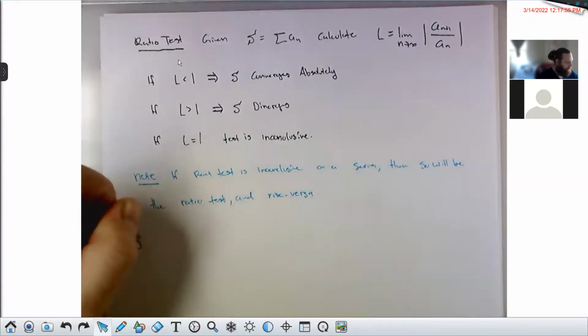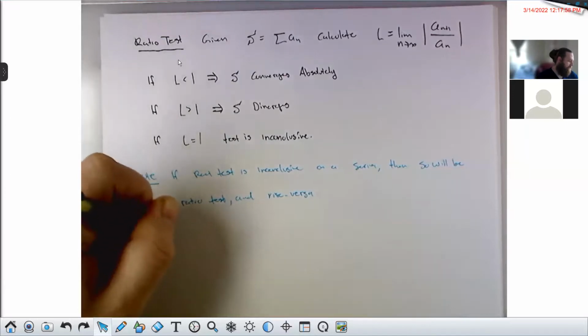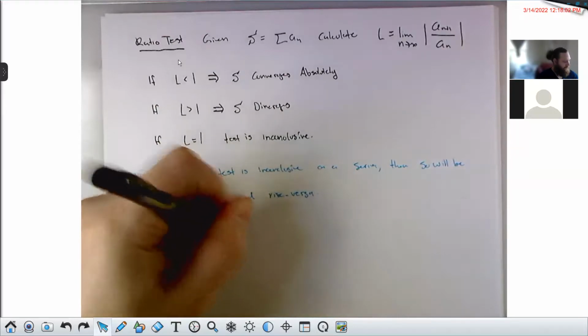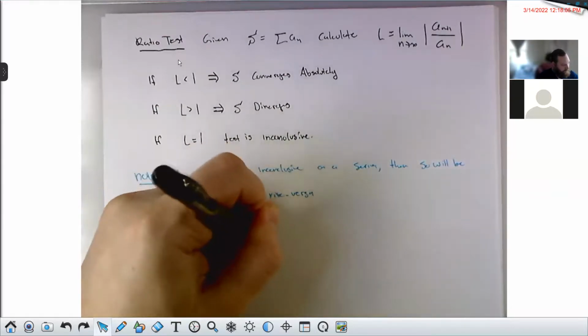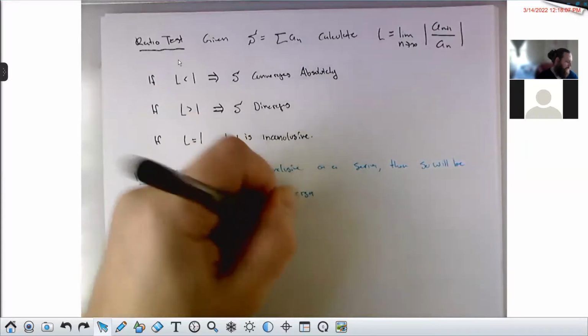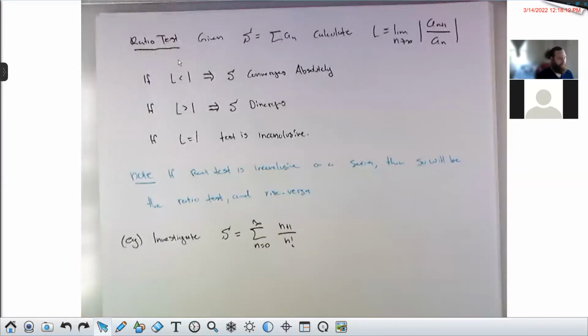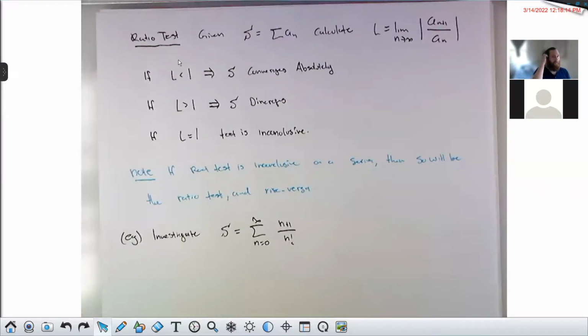Here's an example. Let's investigate the series S equals sigma n from 0 to infinity of n plus 1 over n factorial. First thing here says if the root test is inconclusive, then so will be the ratio test, and vice versa.